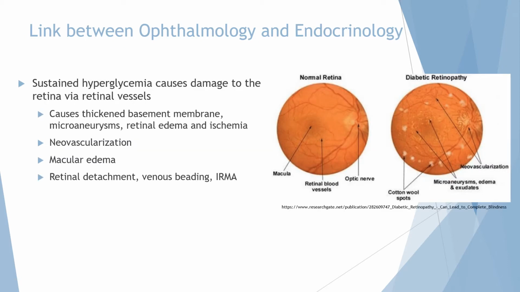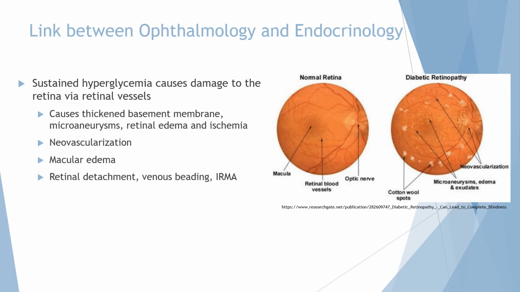To provide a little preview of our entire presentation, diabetes, in a very simplified statement, is a sustained high level of glucose in the bloodstream. This constant hyperglycemia can cause damage to the retinal vasculature and therefore the retina, because a lot of things will leak from the damaged blood vessels.